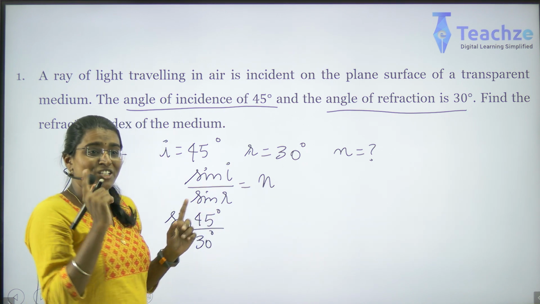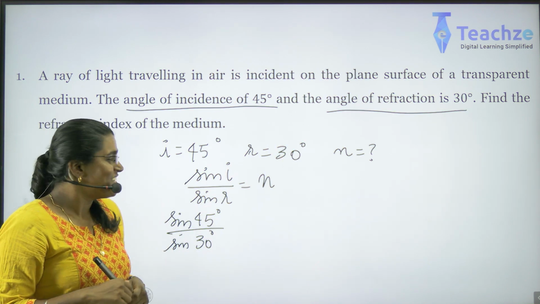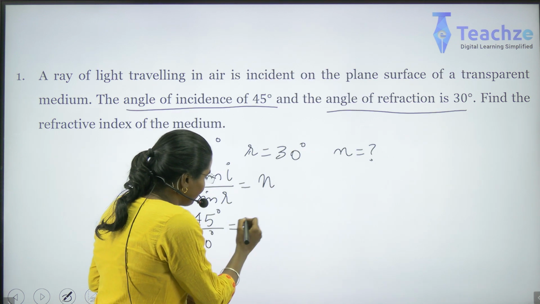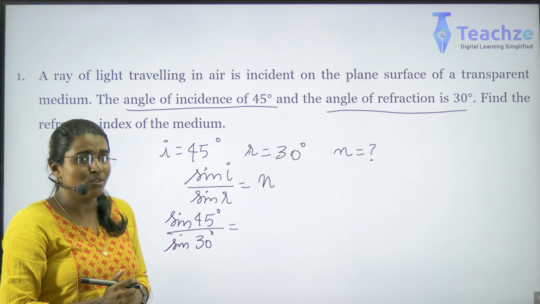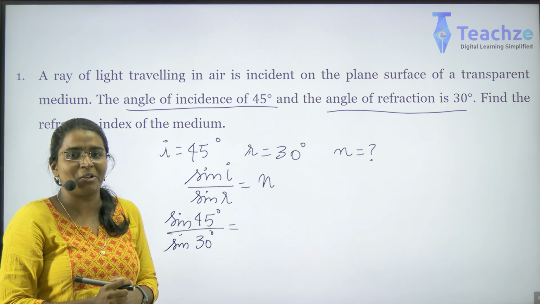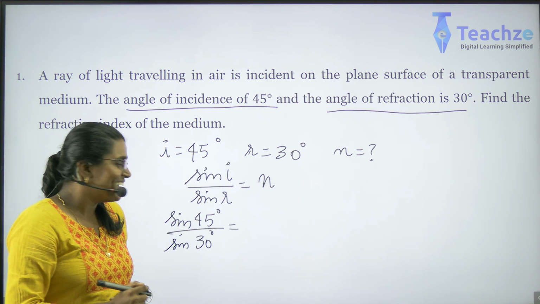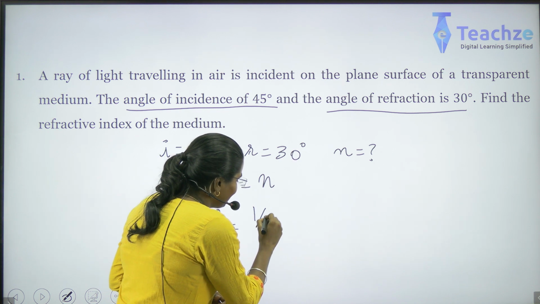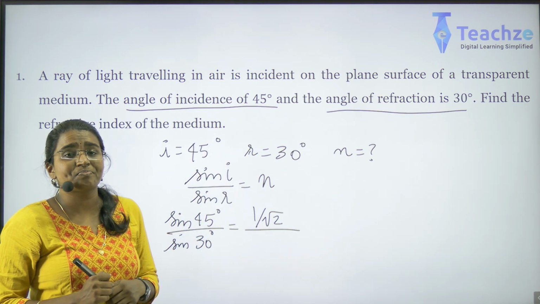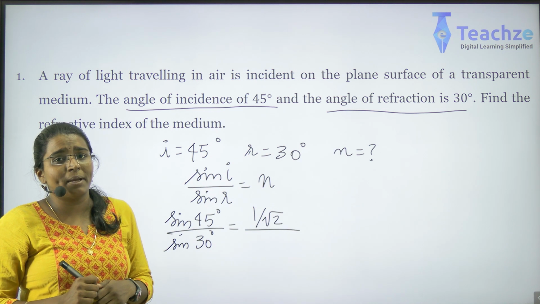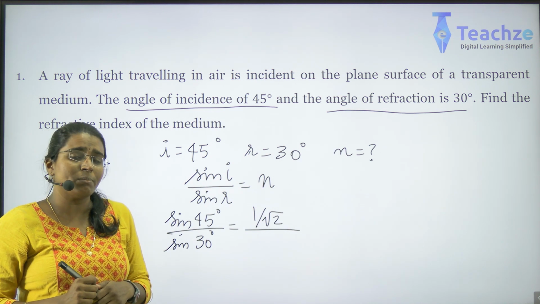Go back to your trigonometric ratios. So what is sin 45? It is 1 by root 2. Okay. Then what is sin 30?